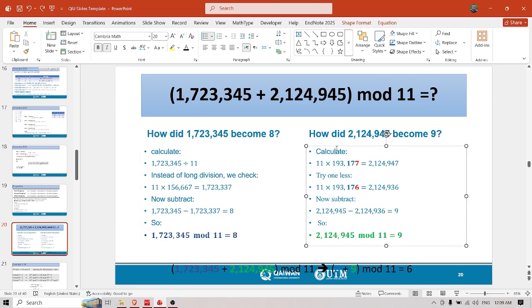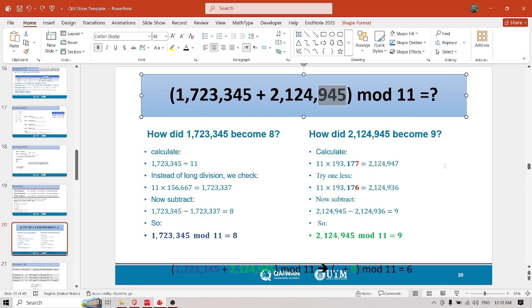Also for this one, we will calculate 11 multiplied by 193,177 is equal to this number. Now we say that 177 is a lot. We will try 176. We will get this one. Why? Because you see in here 2,124,947, and here it is 945.